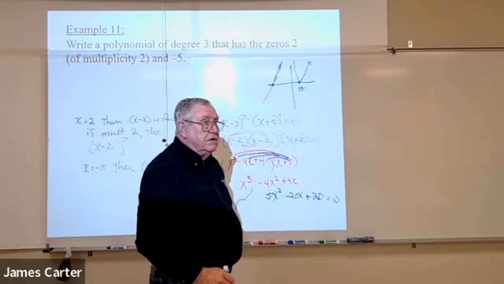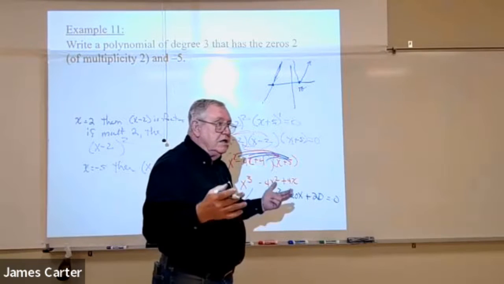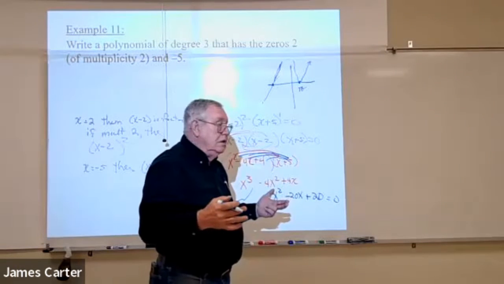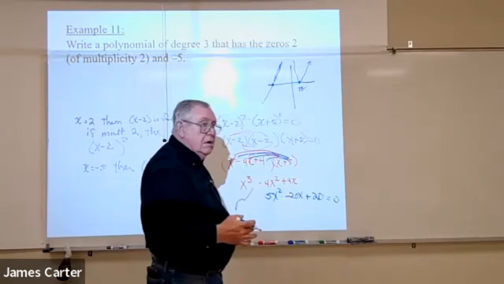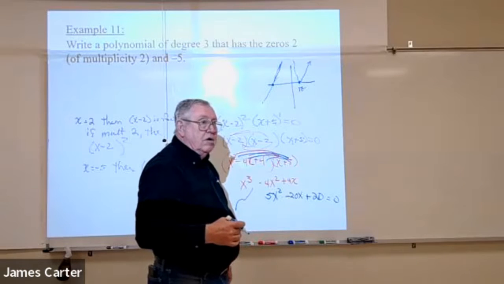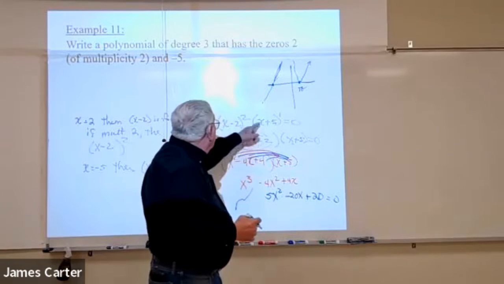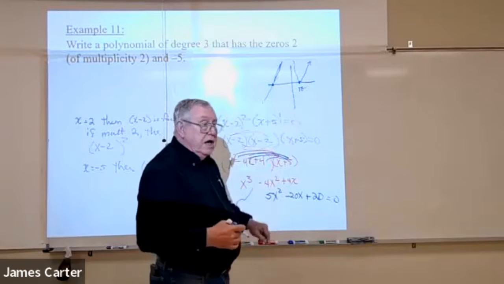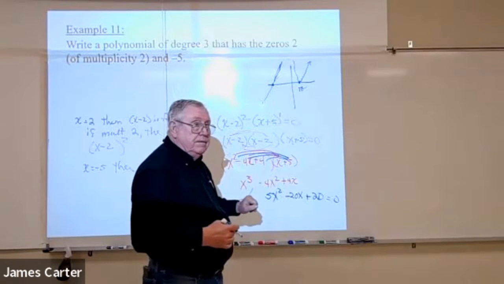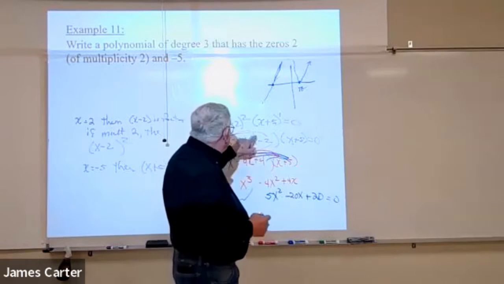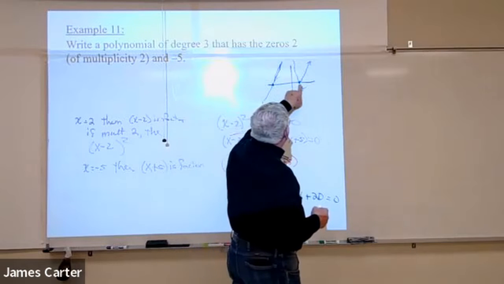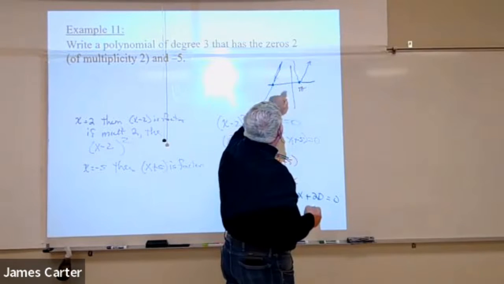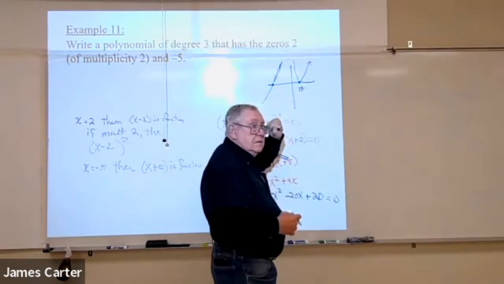Okay. Do you see how I did that graph? That's the basic odd power behavior. Your ending starts low, ends high if that's positive. And because of multiplicity, this one just has to turn. This one crosses.